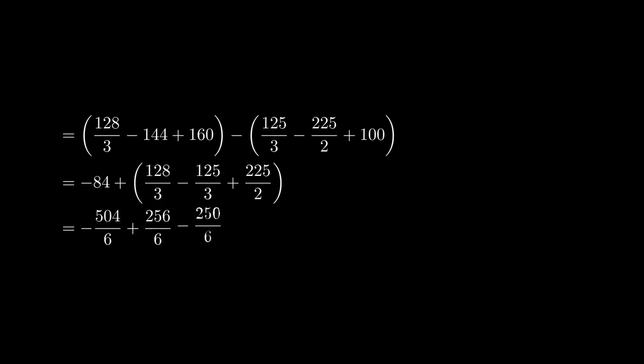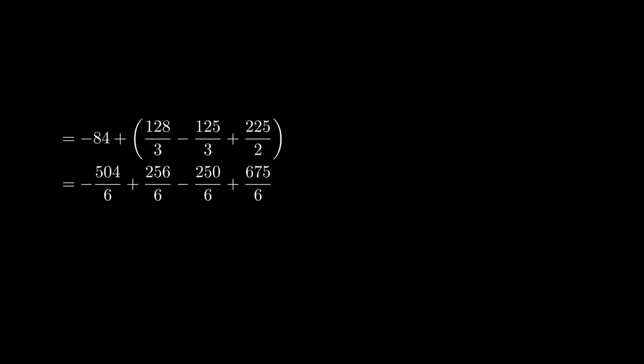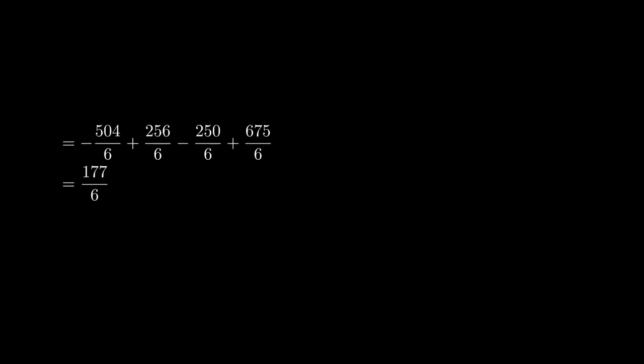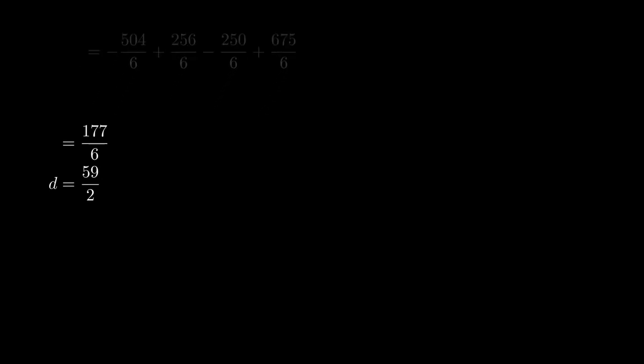Okay. So everything over 6. And then we just add it all up. Get that? That's the distance. Can we simplify? Yes, we can. Divide by 3. And there you have it. Total distance, 59 over 2.